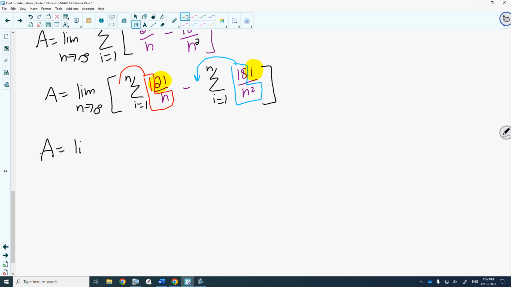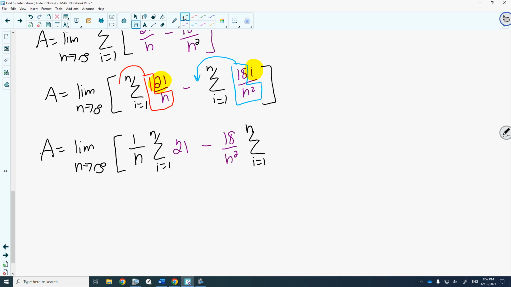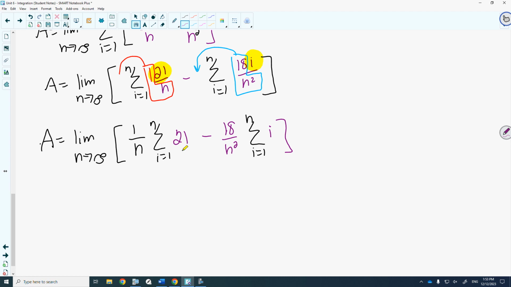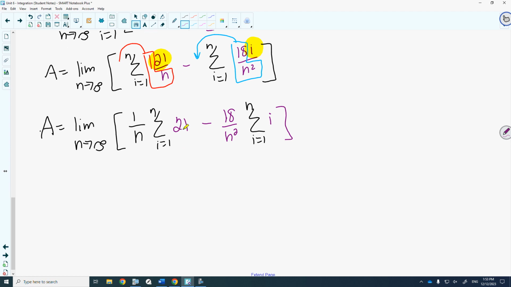So area is equal to the limit as n approaches infinity of 1 over n, and then I've got a constant of 21 here. Okay, so now we're going to replace summing a constant, so n times c, and we're going to replace i with the sum of consecutive integers.